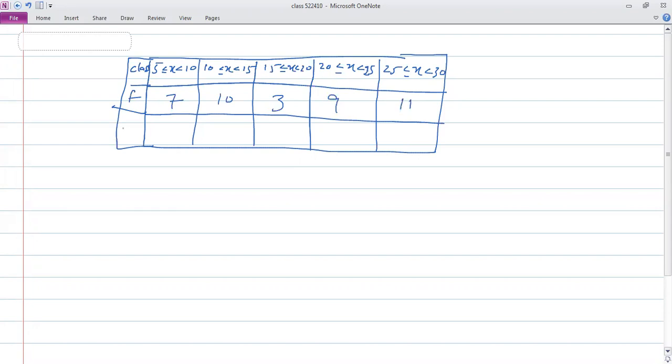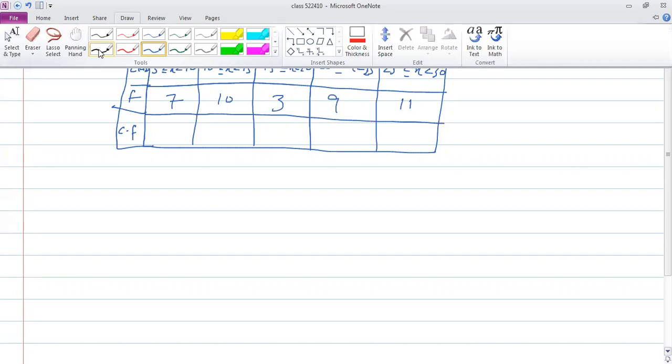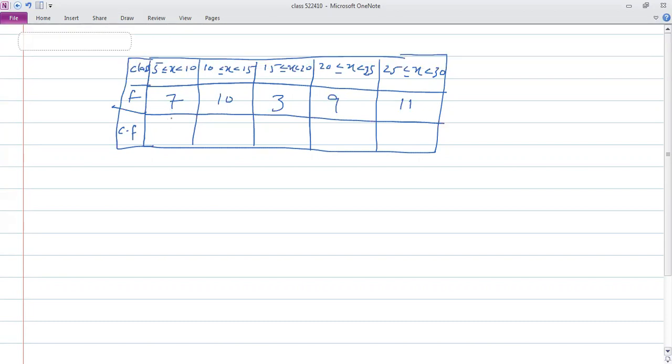Now if you are asked to complete the cumulative frequency, remember the cumulative frequency of the first one will always be the same. Now for the next one, you need to add the previous one: 10 plus 7, it will be 17.